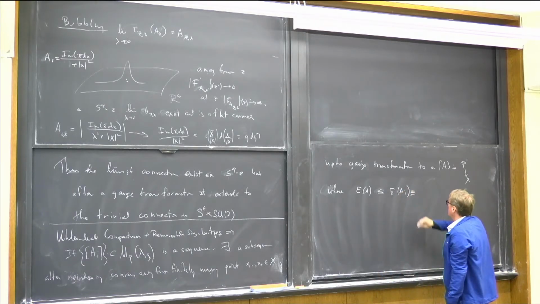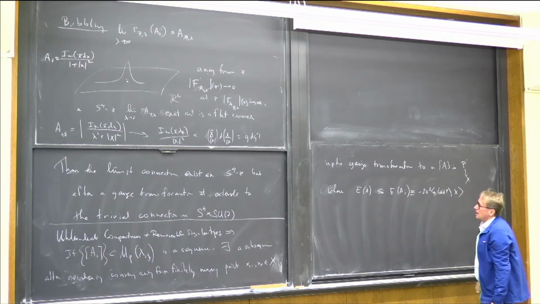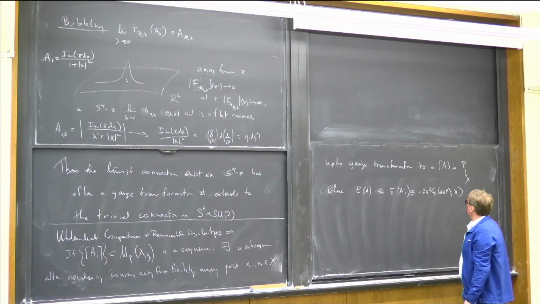Those are all the same. Those are minus 2 pi squared p_1 of ad P on X.